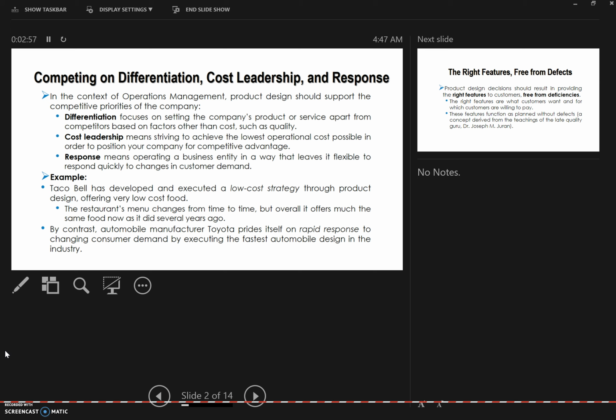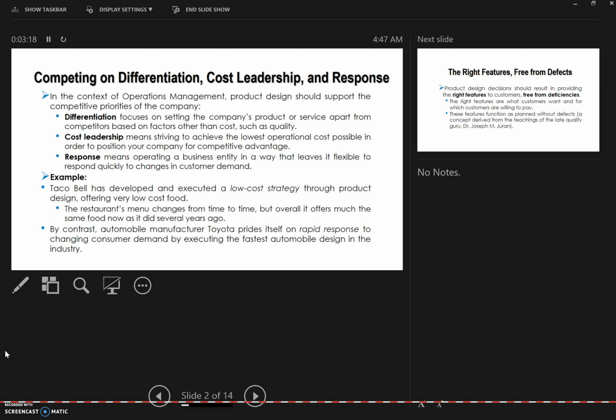Response means operating a business entity in a way that leaves it flexible to respond quickly to changes in customer demand. For example, Taco Bell has developed and executed a low-cost strategy through product design, offering very low-cost food.